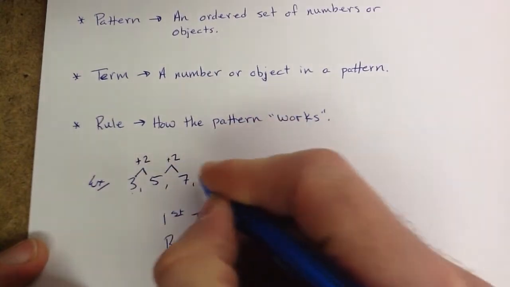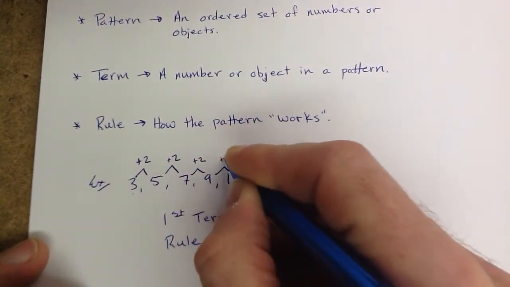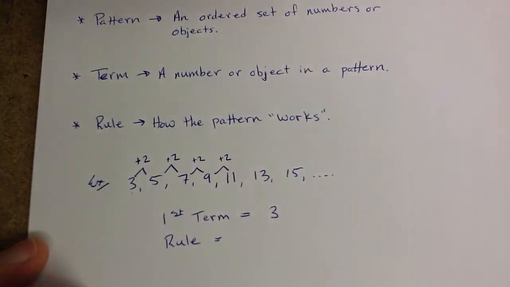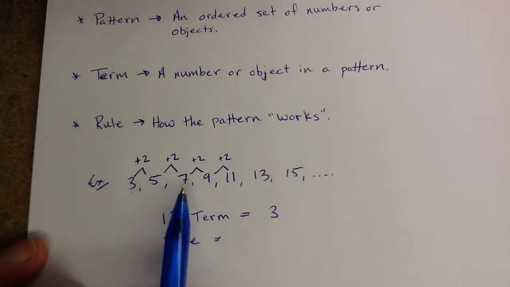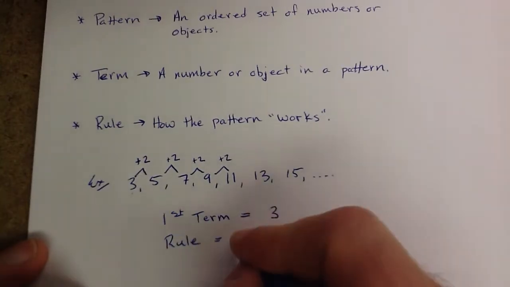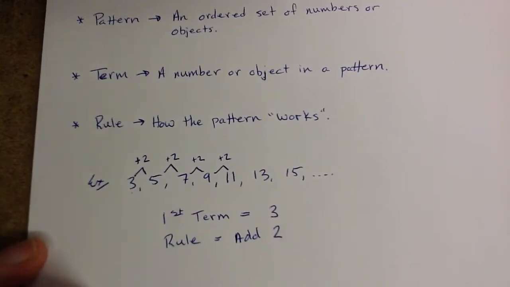Looks like add 2 again. Add 2 again. Oh, so I see what's being repeated. So how this works to get from 3 to 5 to 7 to 9 and so forth would be add 2. So the first term in my pattern is a 3, and my rule is add 2.